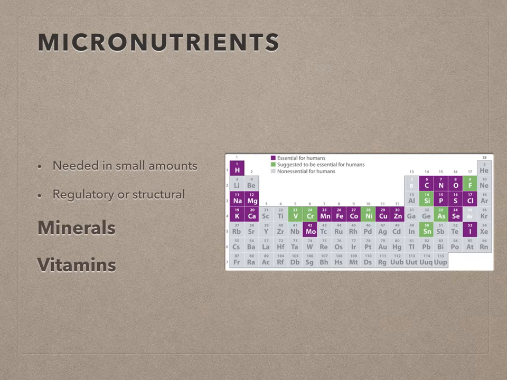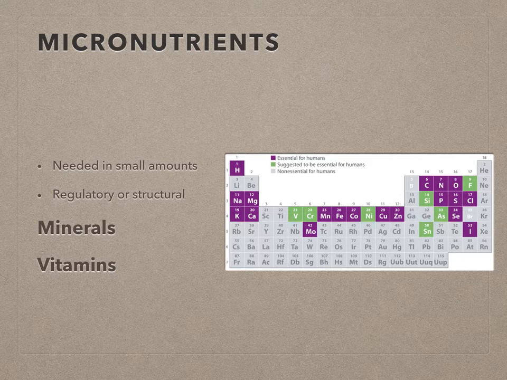Okay, then the micronutrients are nutrients that are needed in much smaller amounts, and they are regulatory or structural. They never supply us with a source of energy, and these include the minerals and the vitamins, and there's many of them. There's many minerals here. The essential minerals are shown in purple.